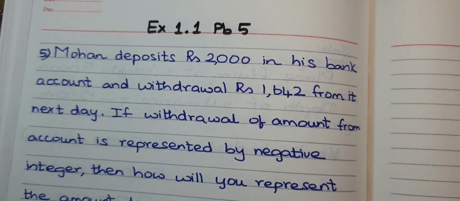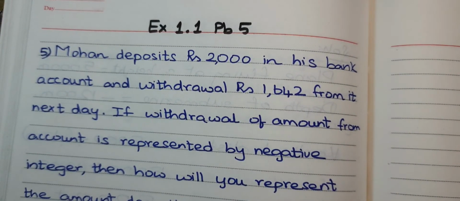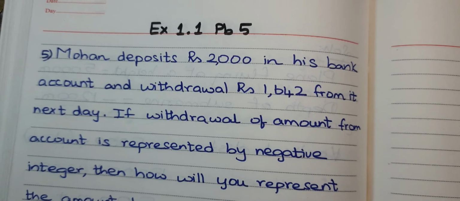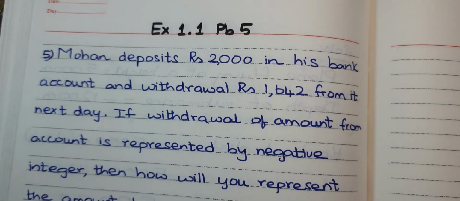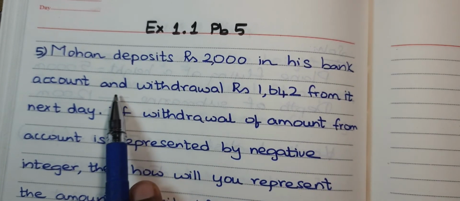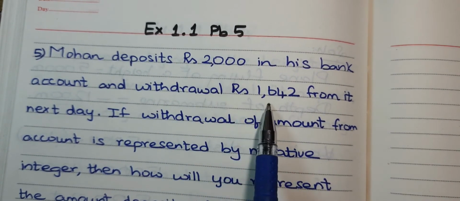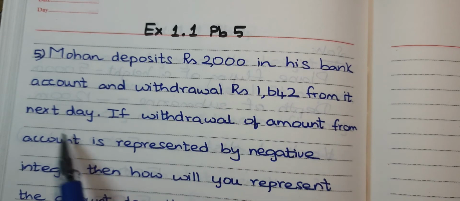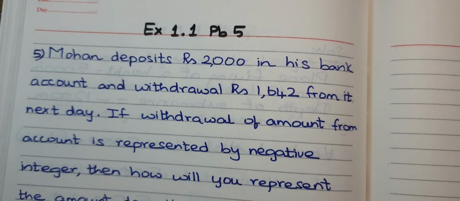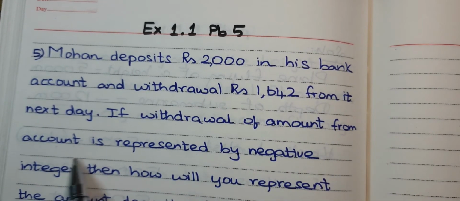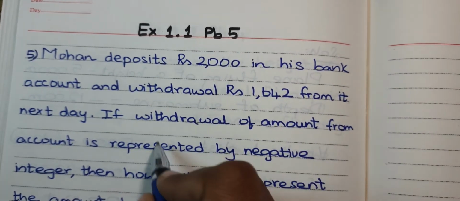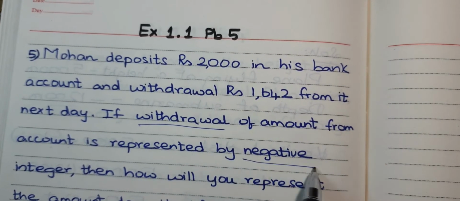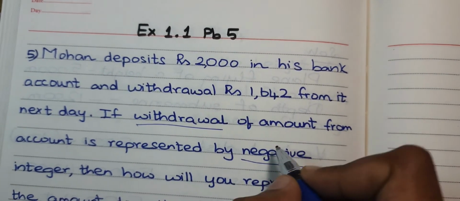Exercise 1.1 problem 5. Mohan deposits rupees 2000 in his bank and withdraws rupees 1642 from it the next day. If withdrawal of amount from account is represented by a negative integer. See, they have given us withdrawal should be represented as a negative integer, that is minus.